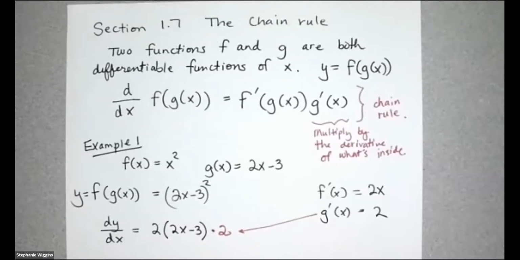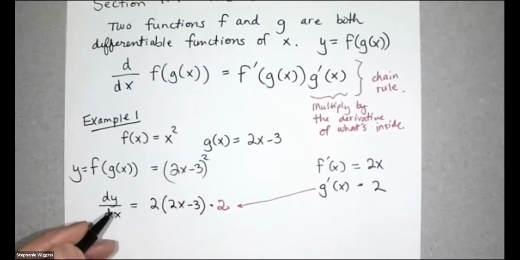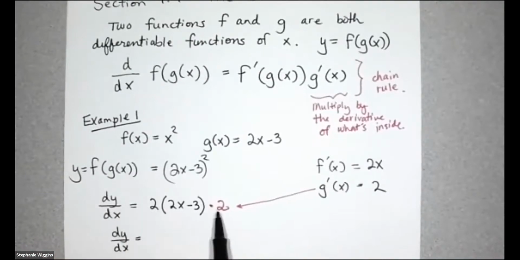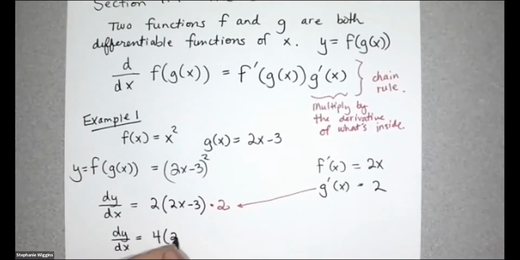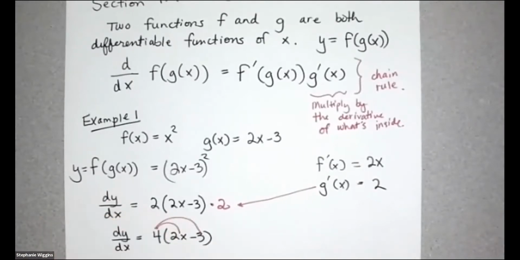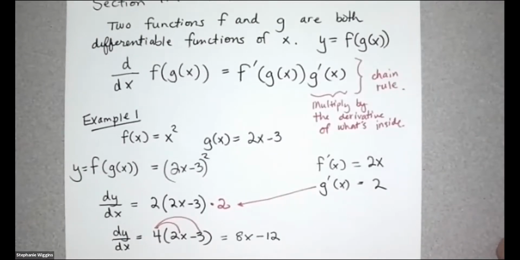And to simplify this, we have that dy dx equals 2 times 2x minus 3 times 2. Well, first let's do 2 times 2 is 4. So that's 4 times (2x minus 3). And then we distribute the 4. So we have 8x minus 12. And so this is the derivative of my composition.